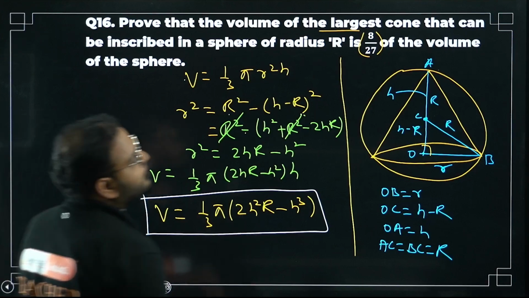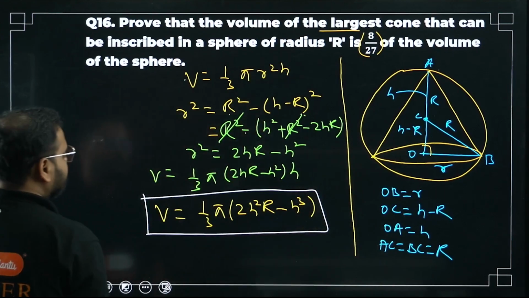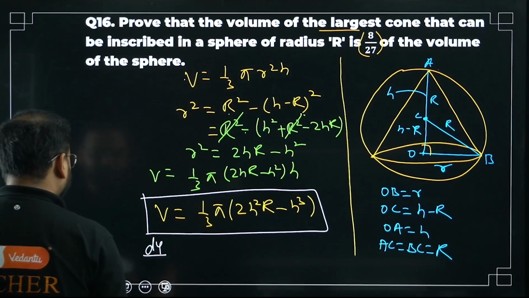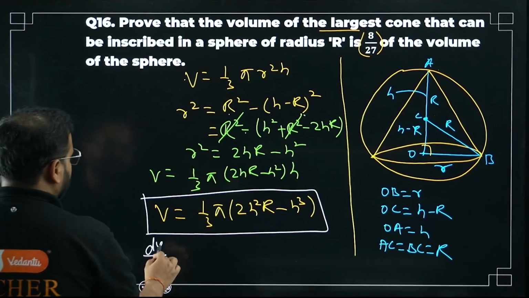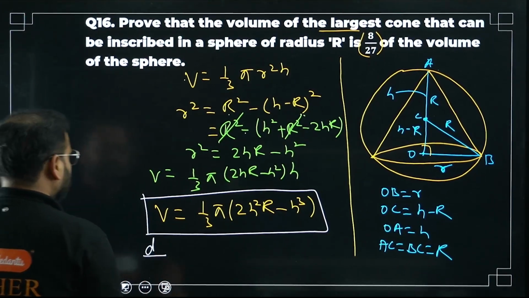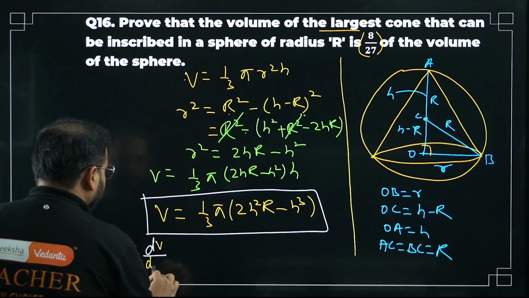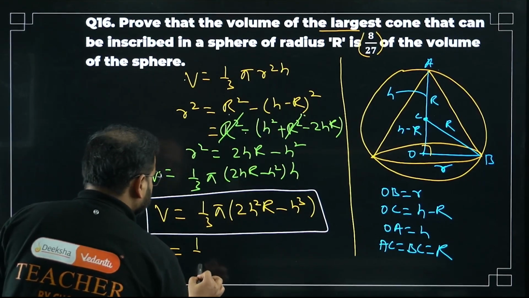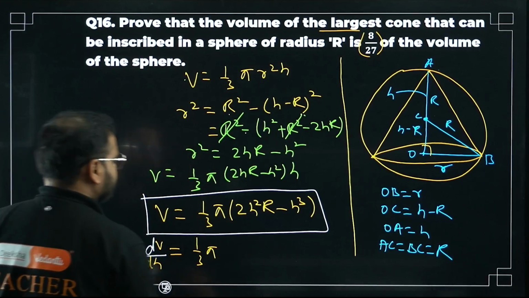The cone only will do for the height h. If I do that, can I find the derivative over here? dV by dh, right? Let's just do this. When I do that, what do I get? 1/3 pi is a constant. What about the rest?